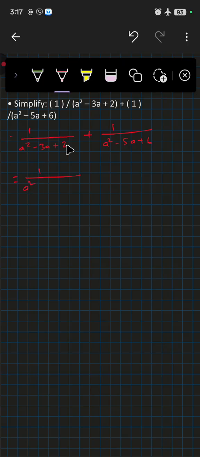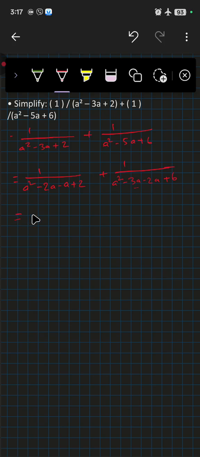A square, so by multiplying it should come 2a square, and by adding it should come 3. That is 2a and a. If I add them, it is coming 3. If I multiply them, 2a square. Similarly on this side, first into last, it will come plus 6a square. By adding, it should come 5a, and by multiplying 6. So that is 3a and 2a. By adding 5, by multiplying plus 6a square.